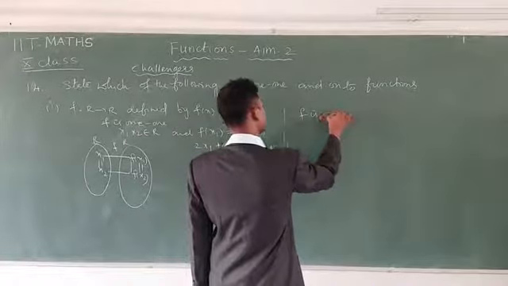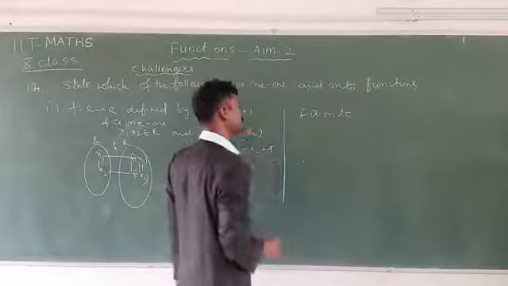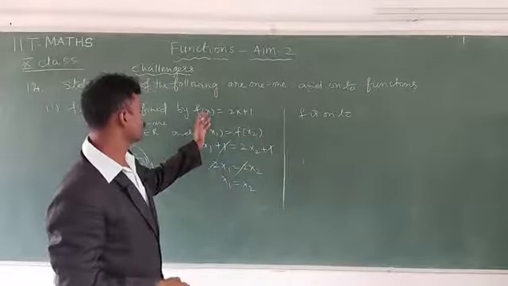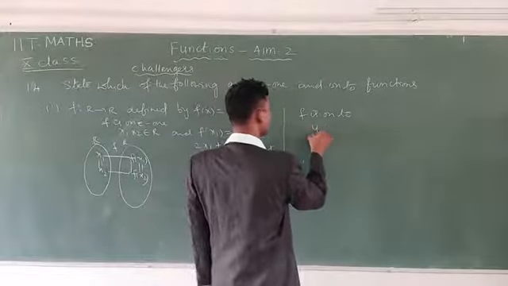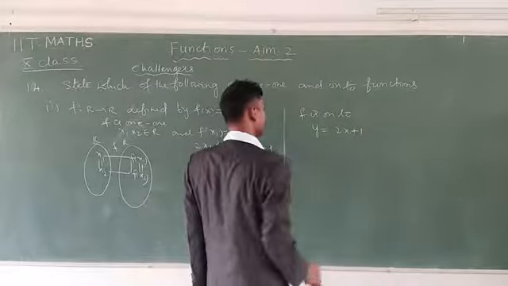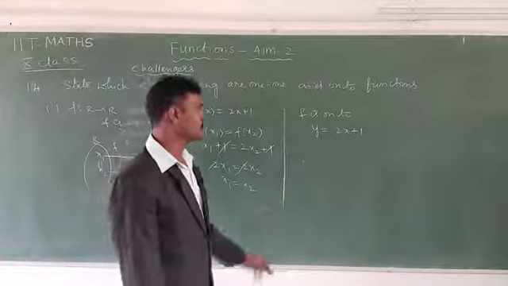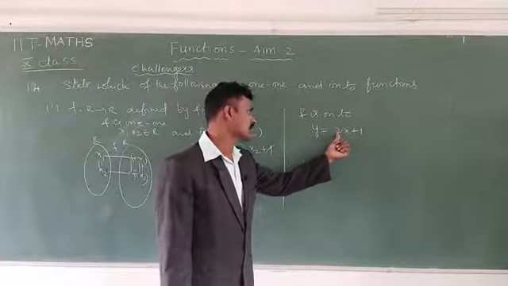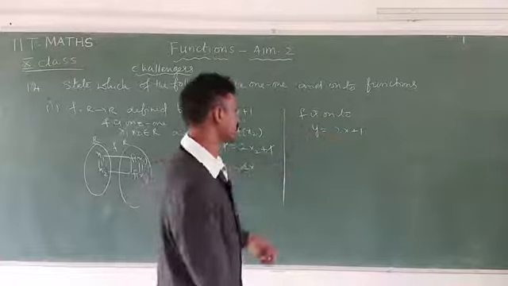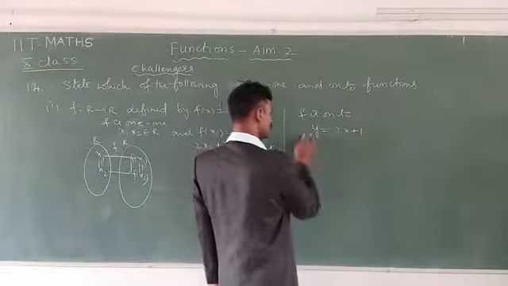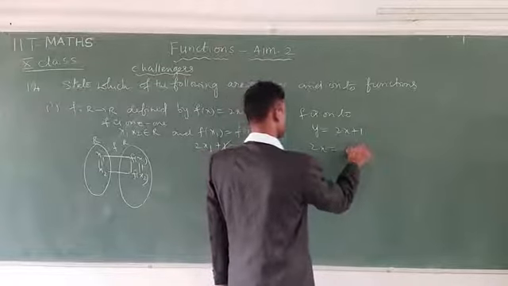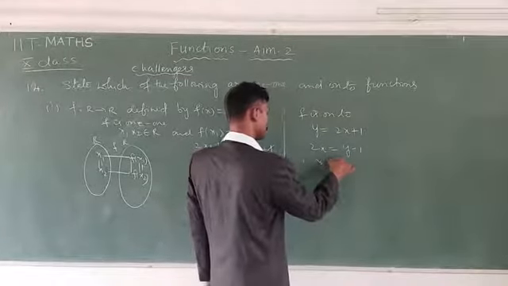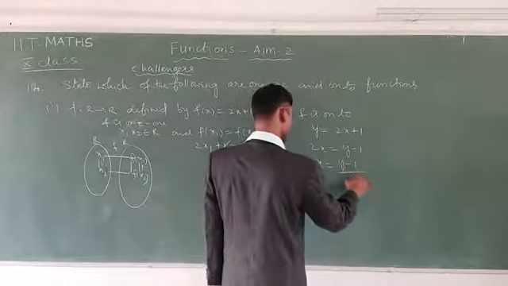Now f is onto. How to check the onto function? First take the function that has been given. f of x is equal to y. Now you express x in terms of y. Then 2x is equal to y minus 1, so x is equal to y minus 1 by 2.